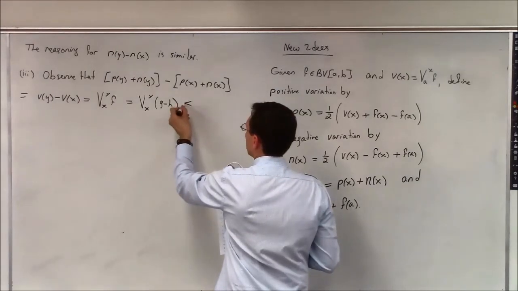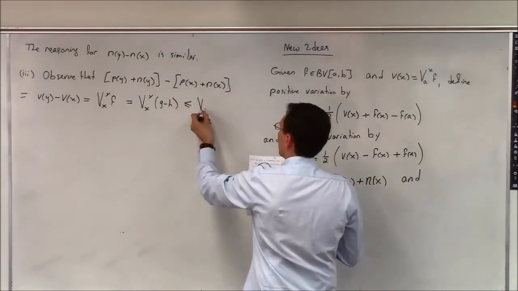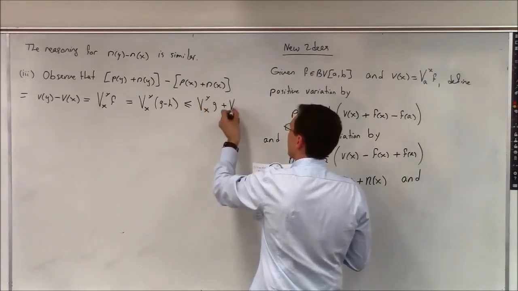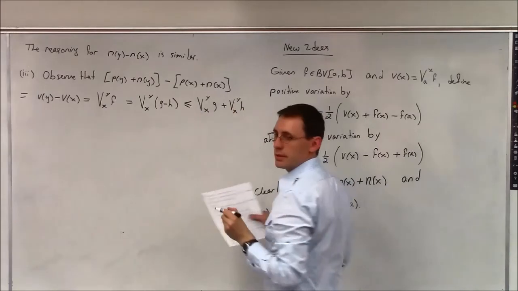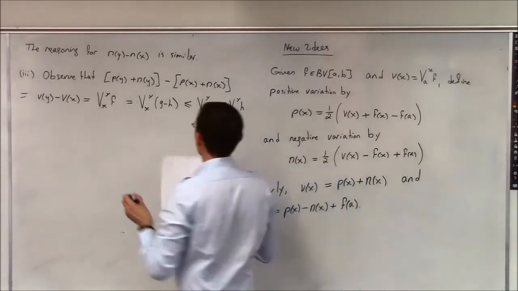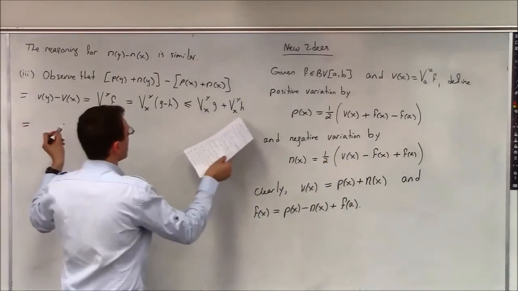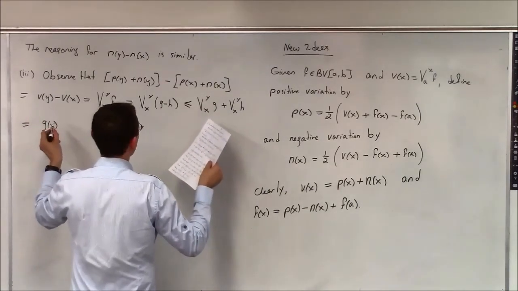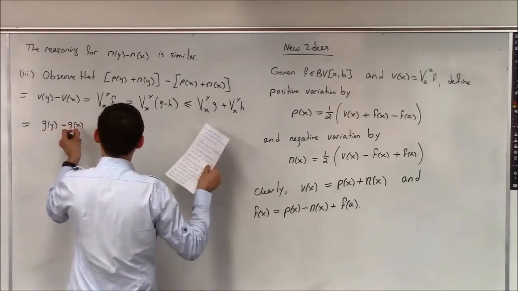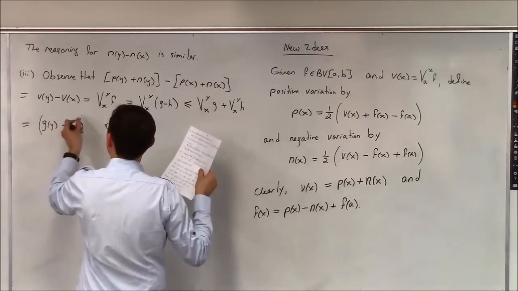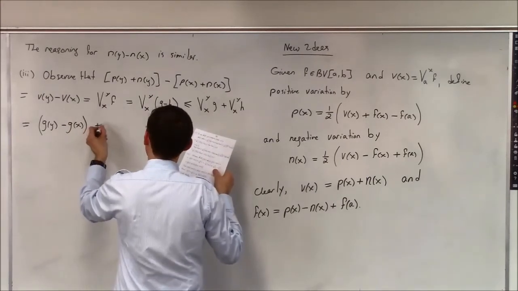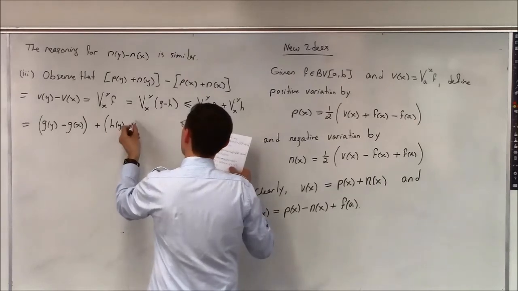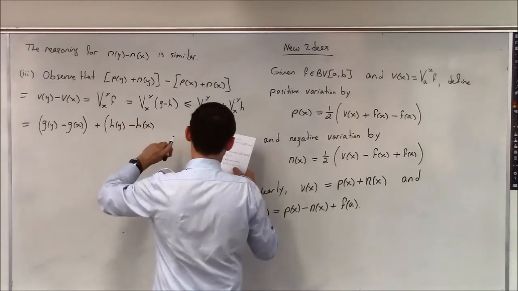By the triangle inequality, this is less than or equal to the variation of g plus the variation of h. Because g and h are increasing, this is just g of y minus g of x plus h of y minus h of x.